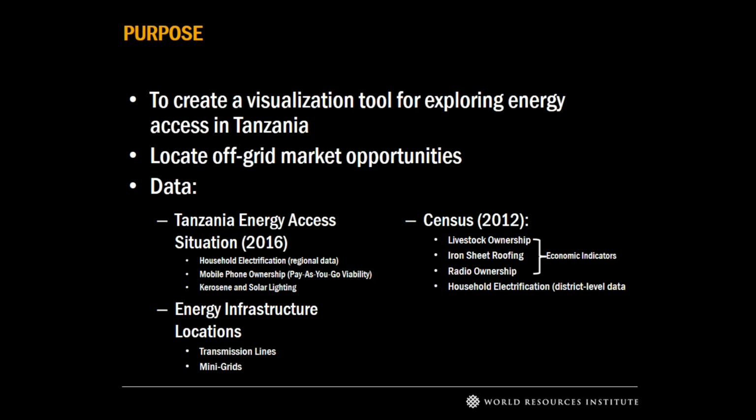The way we do this is to use publicly available data, and our main source is the census of 2012, which gives us an indication of socioeconomic characteristics of the various regions and districts, supplemented with the RIA report of 2016, which many of you would be familiar with. For those who are not, let me add one sentence.